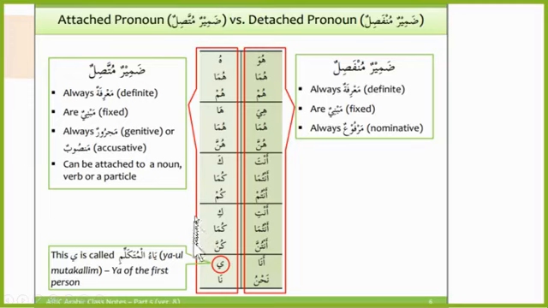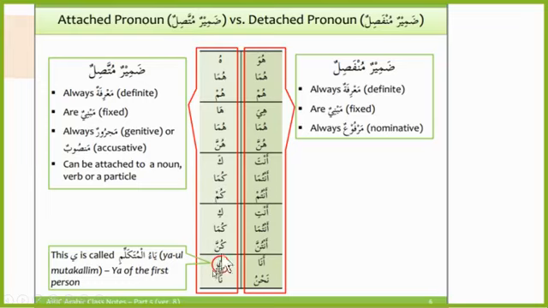Versus for these guys, those are going to be different, because those are going to be either connected to a verb or connected to a noun. Right, so those ones are connected ones, and those ones would be usually separate. So this is the difference between a detached pronoun and an attached pronoun.